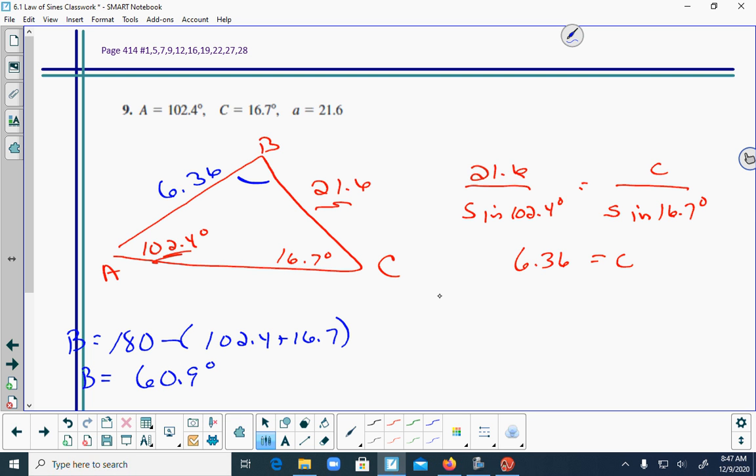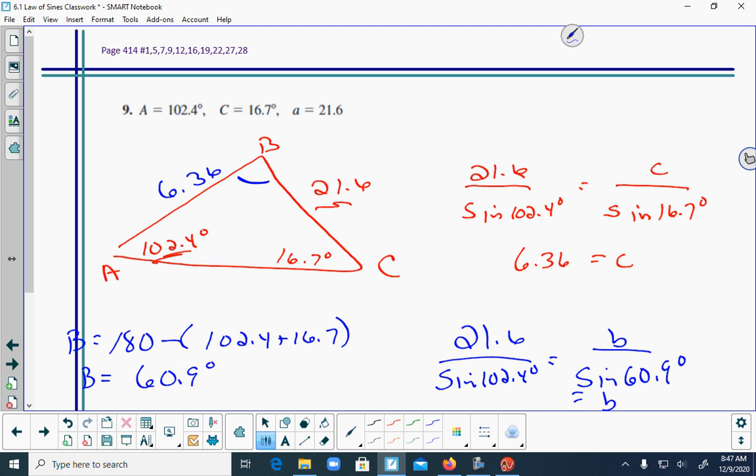So to find side B, I'm going to take that 21.6 over the sine of 102.4, and I'm going to look for side B, and that's over the sine of 60.9 degrees. When I do that, B ends up equaling 19.32.